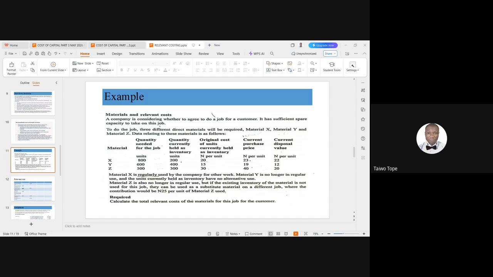So please take note. When you see a question like this, material Y is no longer in regular use, and the unit currently held as inventory have no alternative use, you have two forms of relevant cost. The quantity you have in stock, what is the opportunity cost? Then the extra units required to make up the quantity needed, what is the current purchase price?